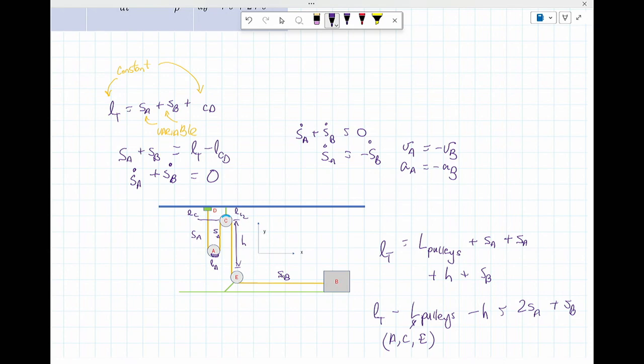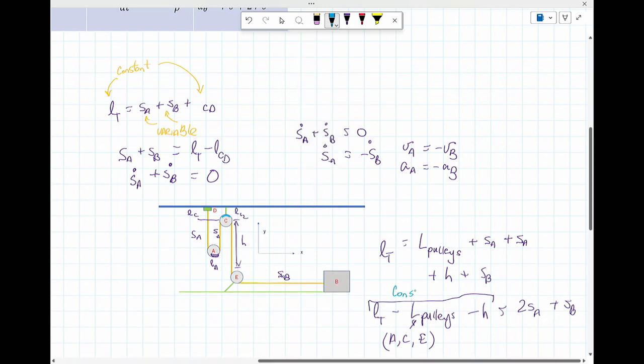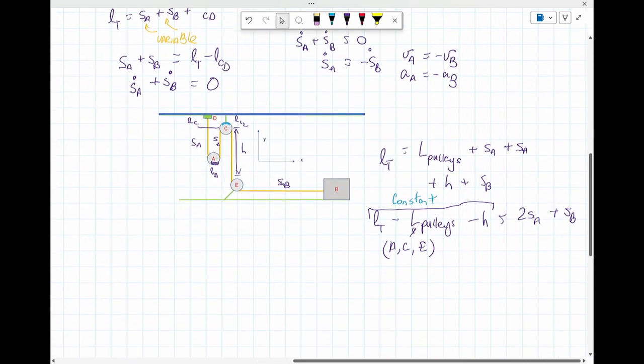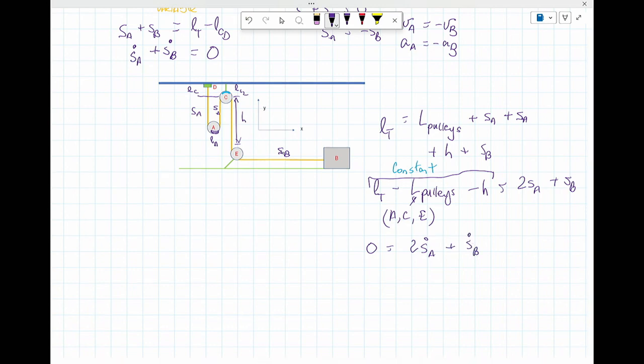So as I'm calculating all of this, I'm bringing all of the constant terms to one side, taking the derivatives, and when I take the derivative, the term on the left-hand side goes to 0. So 0 equals 2 SA dot plus SB dot.